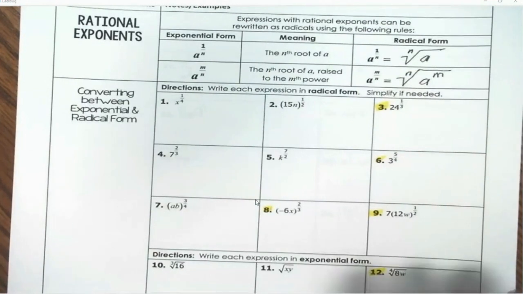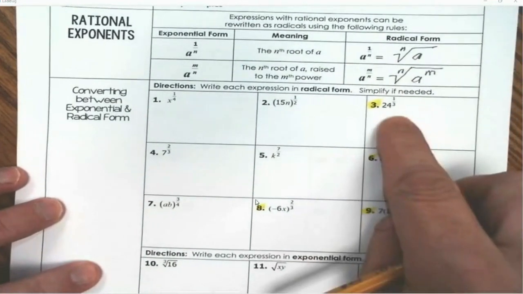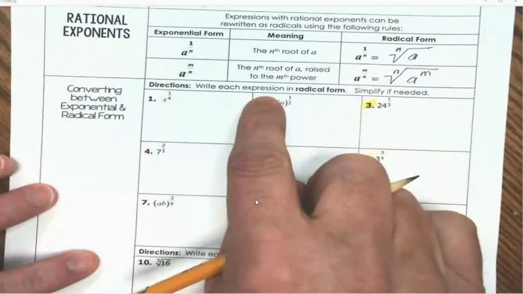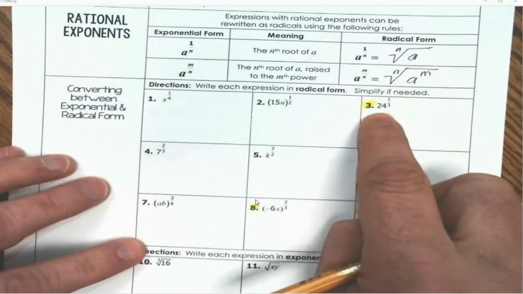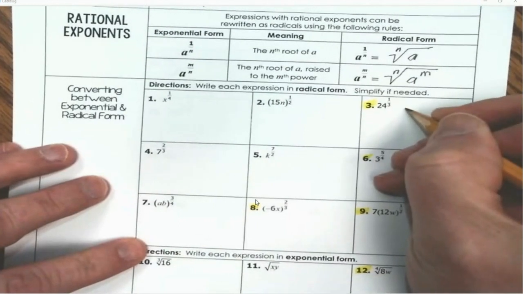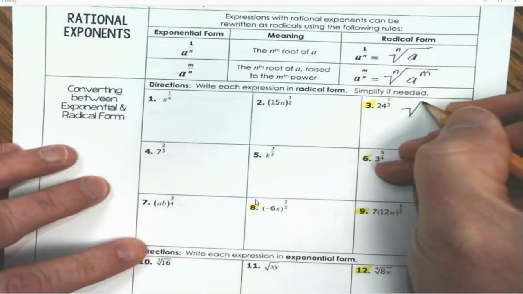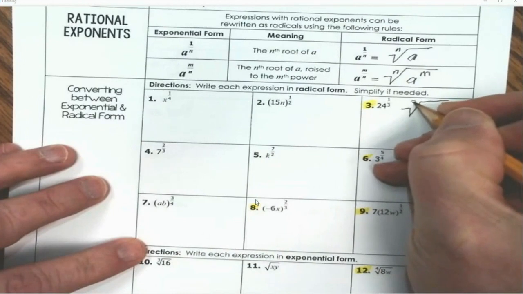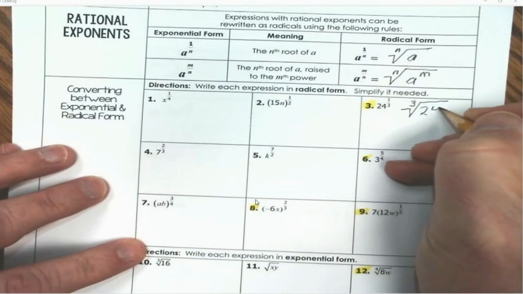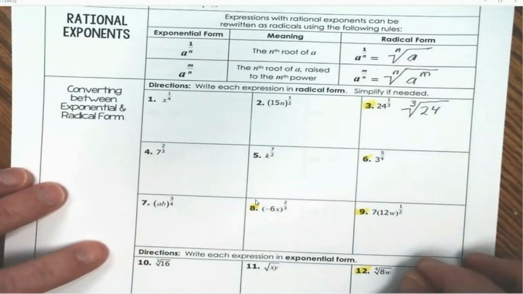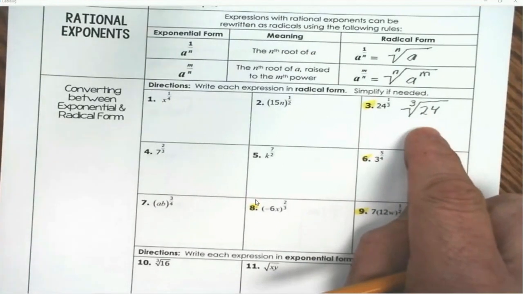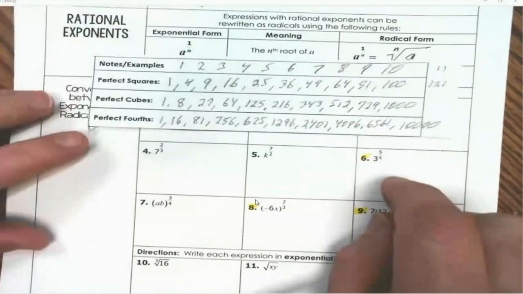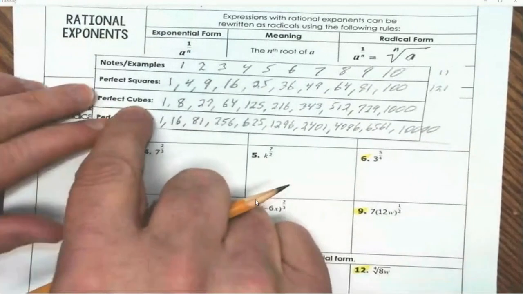So let's try that with some. I've got some of these highlighted. If we're going to write each radical expression and then simplify if needed, first thing I'll do is rewrite it. So 24 to the 1/3 power is the same thing as the cubed root of 24. Now we can simplify that because I saved this from last week. Perfect cubes.